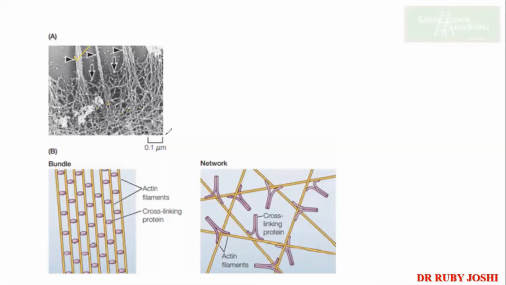But for the cell, it is all planned. It's not random. It is like organized. So here you can see so many actin filaments are going here, and each one is actually being connected. Can you see? So with the help of the cross-linking proteins, everything is being connected. ऐसा नहीं है कि it is, you know, randomly associated.